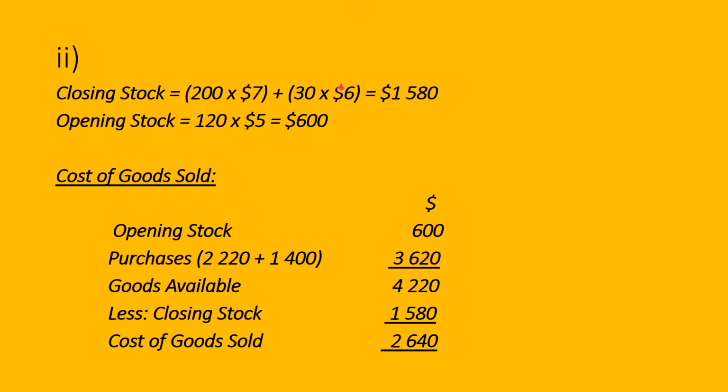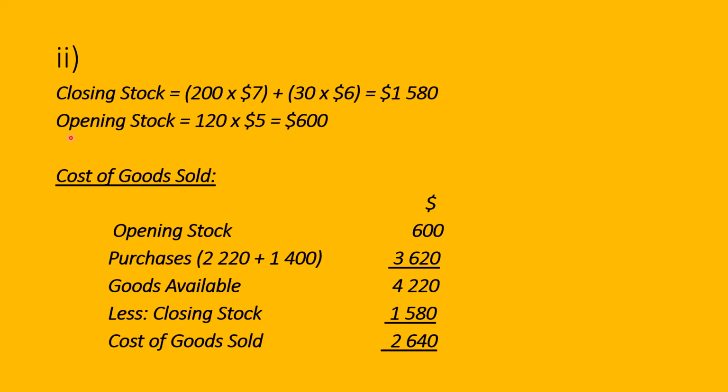If we could have gotten all 230 at the $7, the stock value would have been a different price. But we only bought 200 and that remained in stock, and of the previous amount that we bought, 30 remain in stock. So we add the two together and we get 1580 for the closing stock.